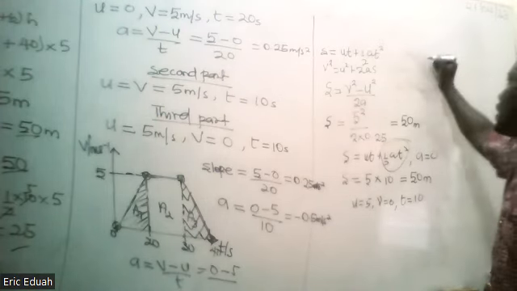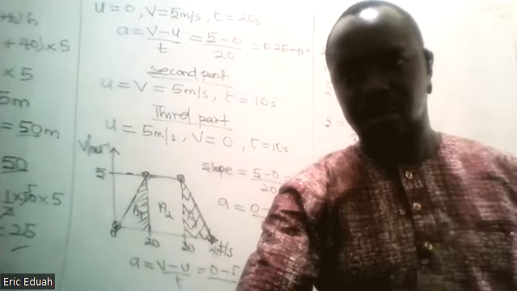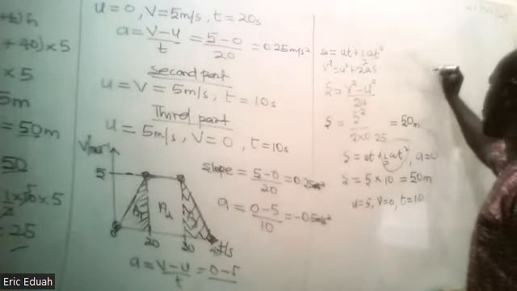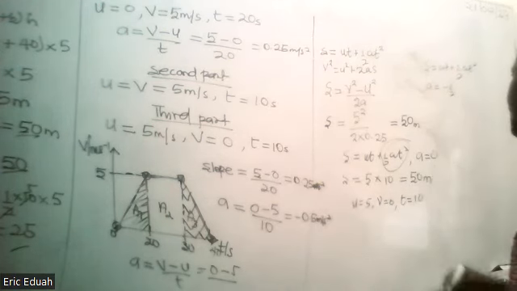So if we are to use s is equal to ut plus half at squared. Earlier, we calculated the acceleration, and then we had minus 0.5.